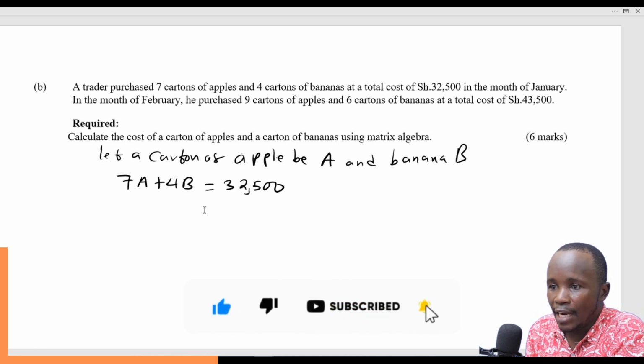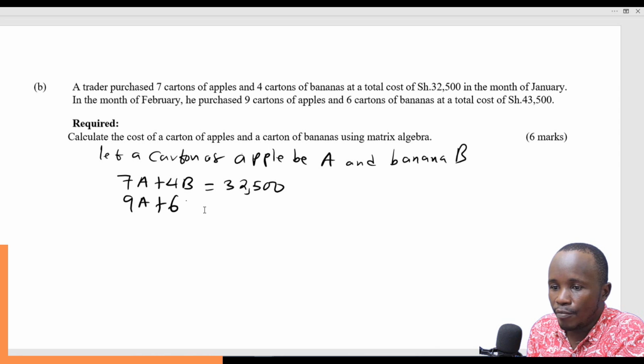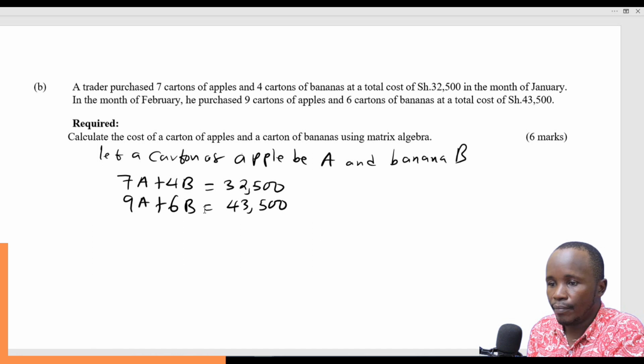Then 9 cartons of apples, 9A, plus 6 cartons of bananas, 6B. This will cost 43,500.